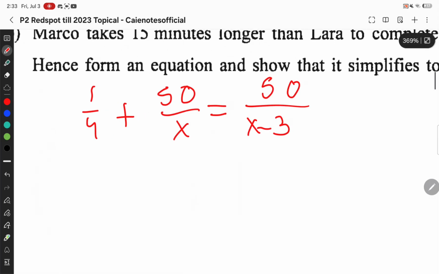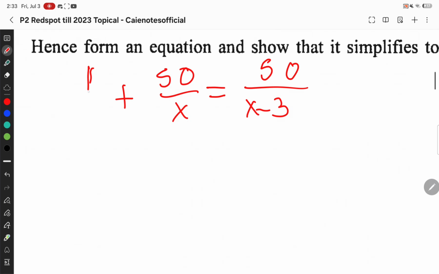Now, what I told you about algebraic fractions, we will do the same here. Now, how do you simplify this? We can simplify this by multiplying everyone by the same denominators.